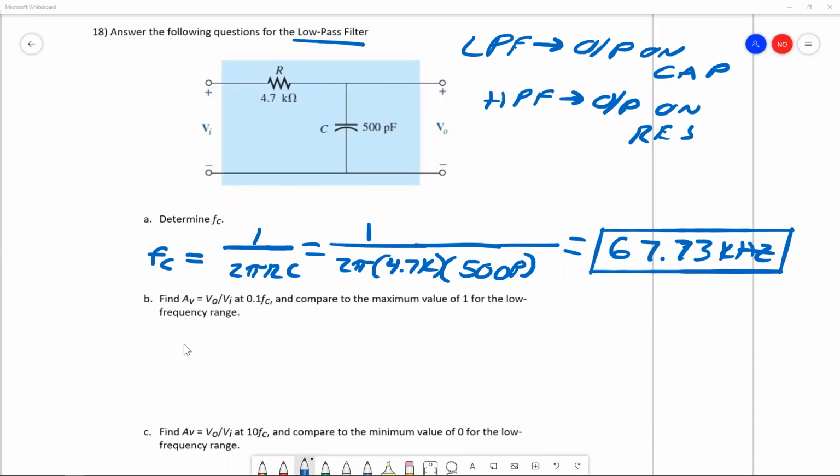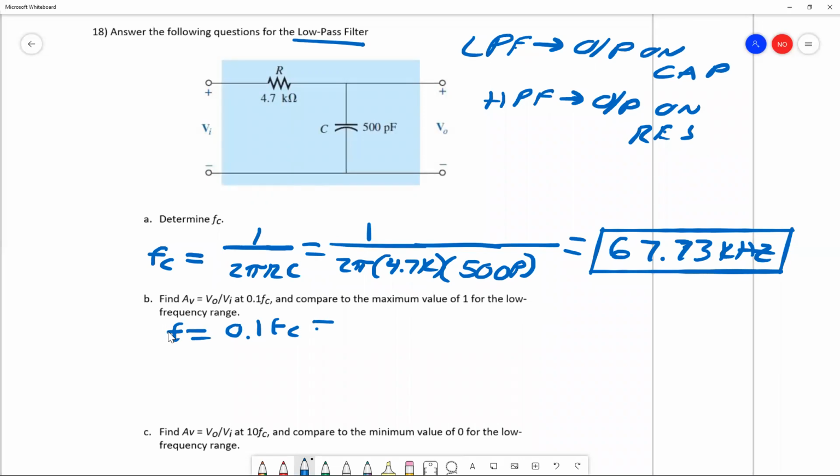The next step will be to find the gain of the circuit. As you can see here, the equation says to do V out over V in. Got a little bit of help with this actually. Compare that to the maximum value of 1 for a low frequency range. Okay, so the first thing we're going to do: obviously, the frequency that we're looking for is 0.1 FC.